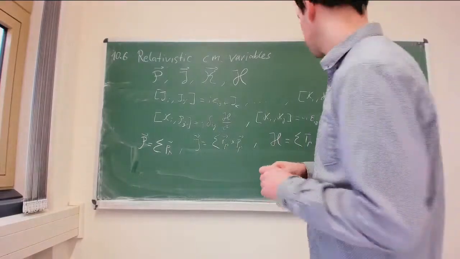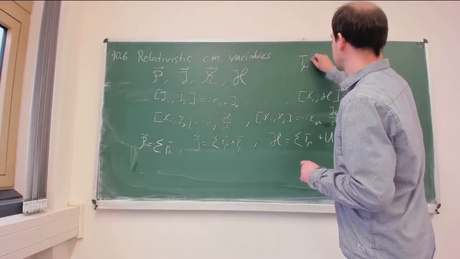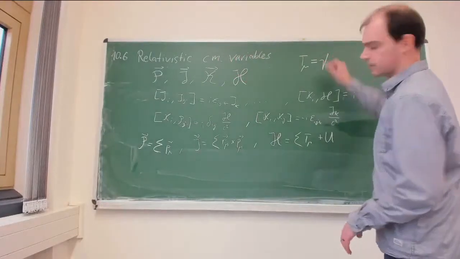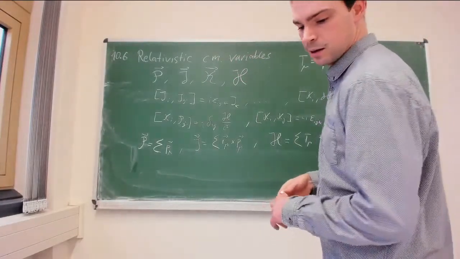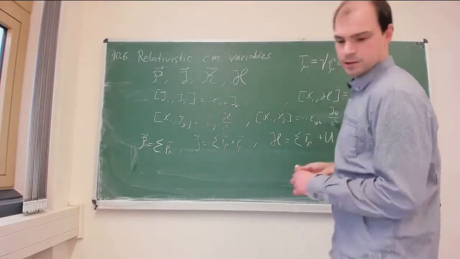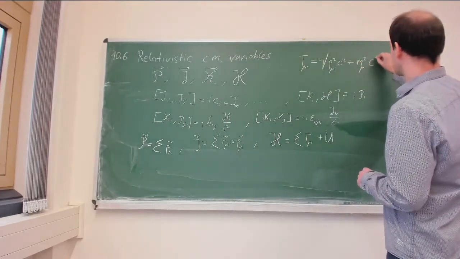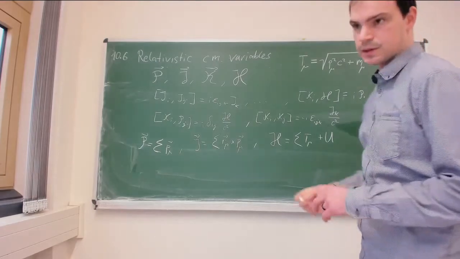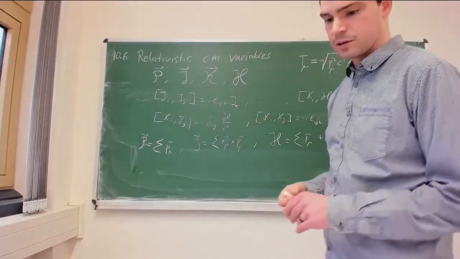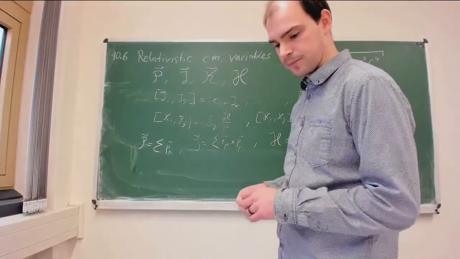The important thing is that the particle kinetic energy T_mu, in a relativistic context, can be expressed by the relativistic energy condition: the square root of P_mu squared c squared plus the mass of the mu particle squared c to the power 4. So in this sense, we can write these generators for n particles in a relativistic case.